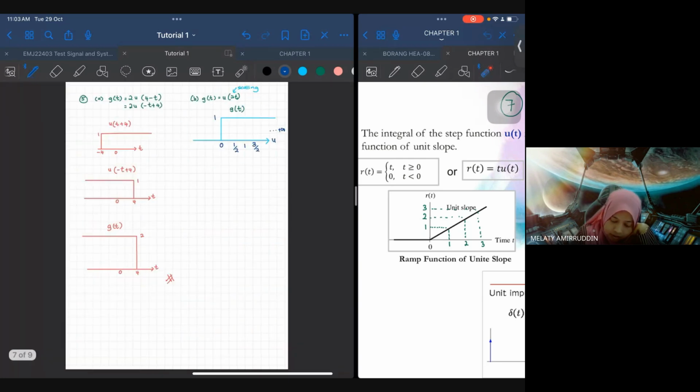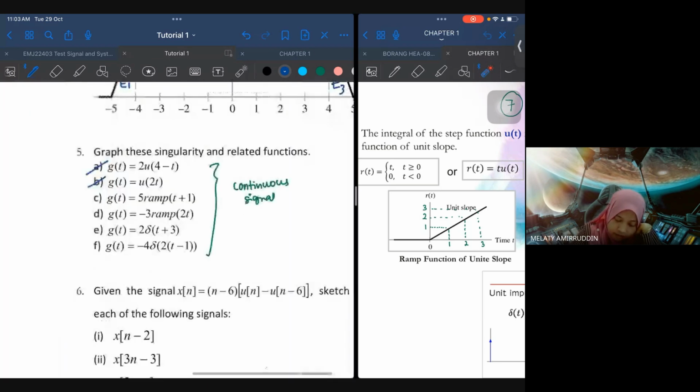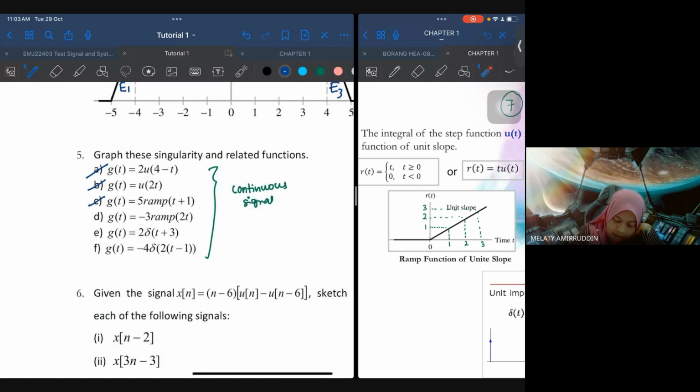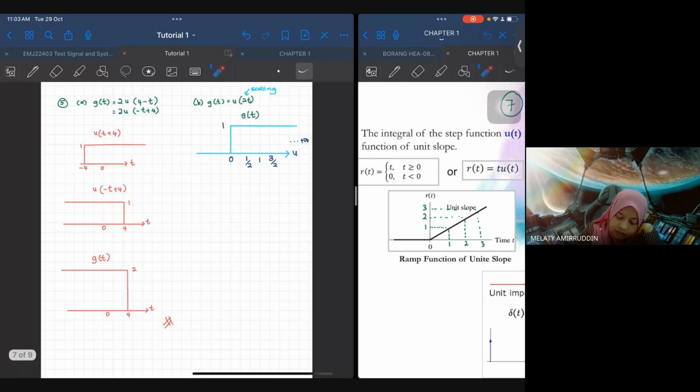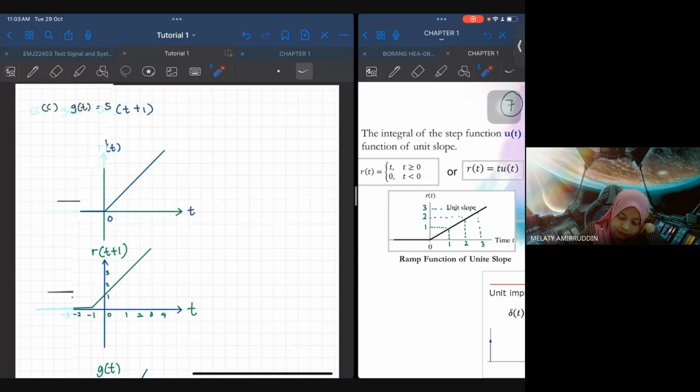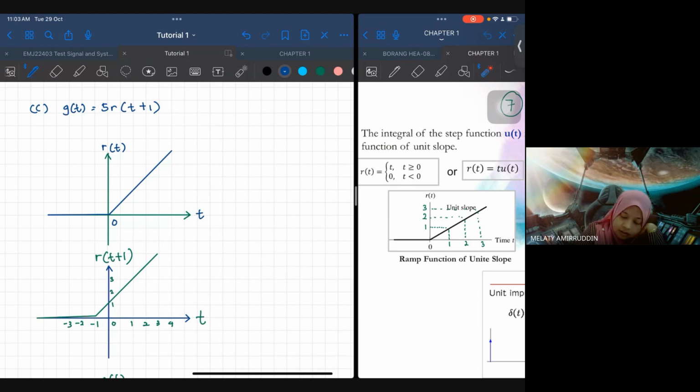Okay, now we go to number D. You need to do scaling and then you need to do the amplitude -3. So GT equal to -3 R 2T.